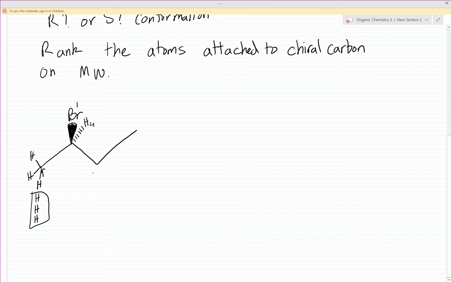This carbon has 1, 2 hydrogens attached, and another carbon attached to it. So this gets a CHH ranking. Because this carbon has a carbon attached to it, it gets the higher ranking when distinguishing between these 2 carbons.